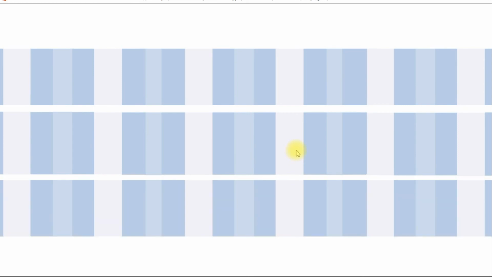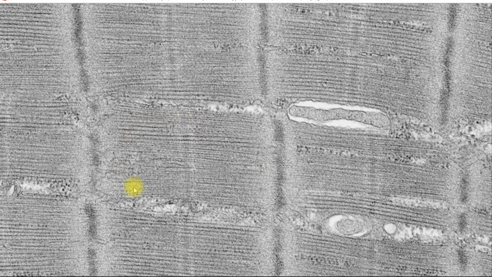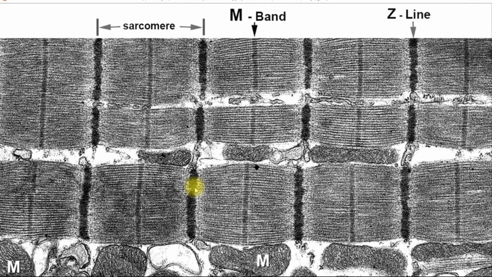And here we can see light regions in myofibrils, which correspond to actin regions, and dark regions, which correspond to myosin regions. Slightly lighter regions inside the A-band are H-bands, regions where only myosin is present. And here we can see Z-lines, I-bands, A-band, and M-line.